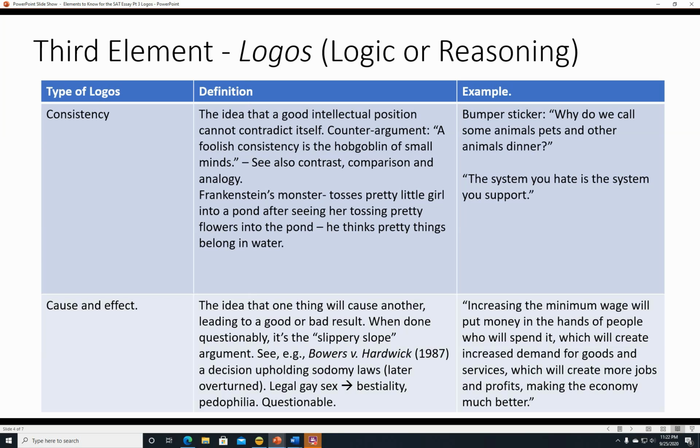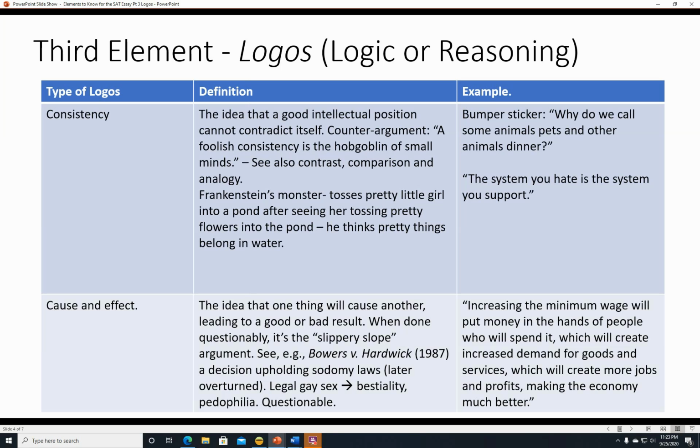Cause and effect. It's the idea that one thing will cause another, leading to a good or a bad result. When it's done questionably, it's the slippery slope argument. For example, there was a Supreme Court case in the late 1980s called Bowers versus Hardwick. I believe it's from 1987.